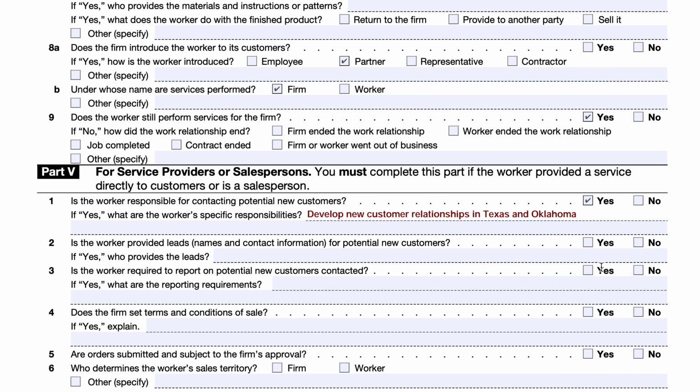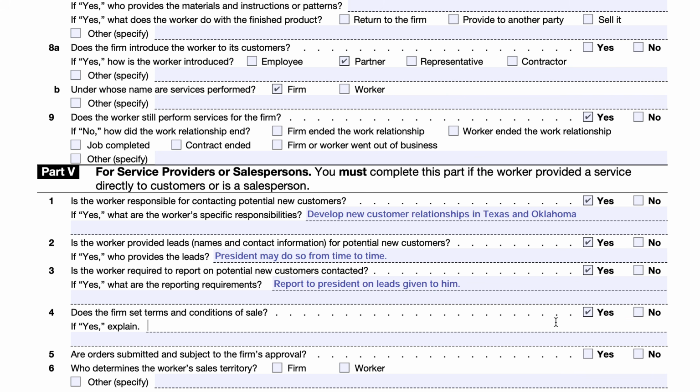Is he provided leads? Let's just say that the company does. Let's just say that every time the president refers a lead, does the firm set terms and conditions of sale?